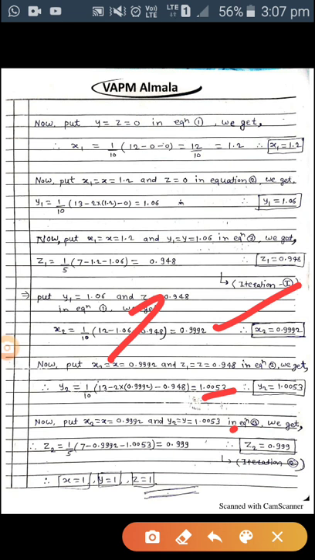So finally we obtain the approximate values x = 1, y = 1 and z = 1. That is our final value.